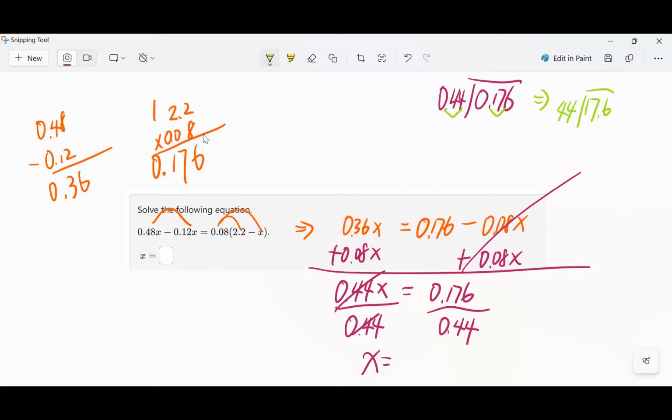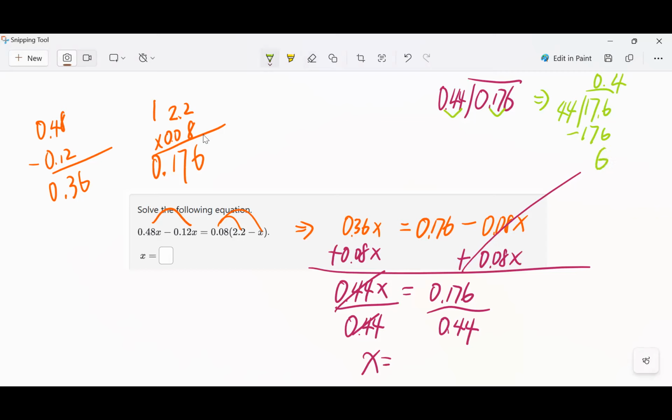First of all, 44 going into 17 is 0 times, then copy the decimal point into the quotient. 44 going into 176 will be 4 times. 4 times 44 is 176.